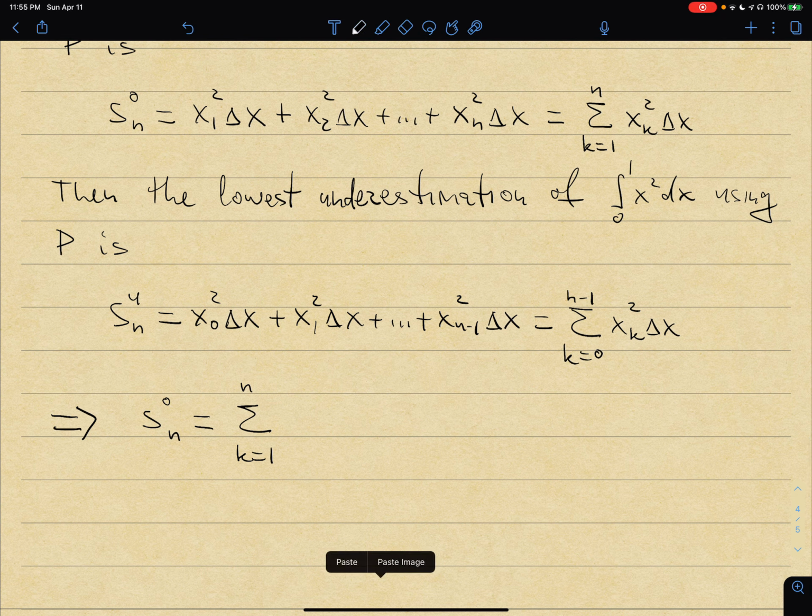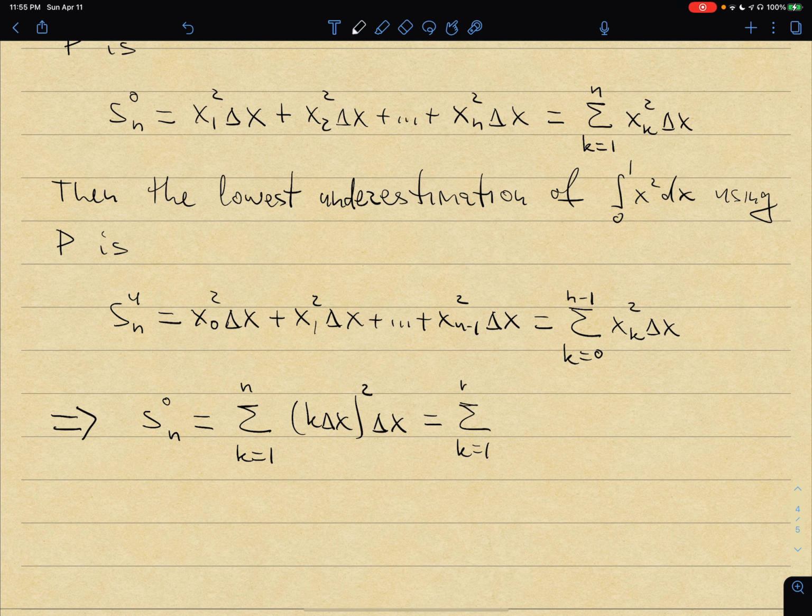So k times delta x quantity squared times another delta x. I can simplify this a little bit. So this is the same thing as a sum k from 1 to n. If I open the parentheses, this is k squared times delta x squared. There's another delta x. So k squared times delta x quantity cubed.